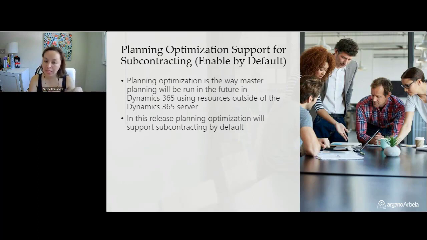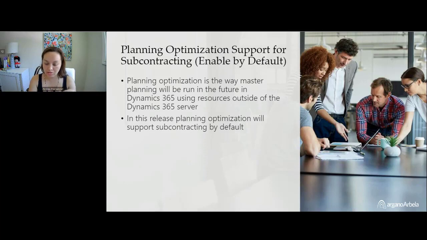In each release, Microsoft is adding more capabilities. Right now there are customers that cannot use it because they need certain functionality, so in every release we're getting more functionality added to planning optimization. In this version update, we will be able to use subcontracting.